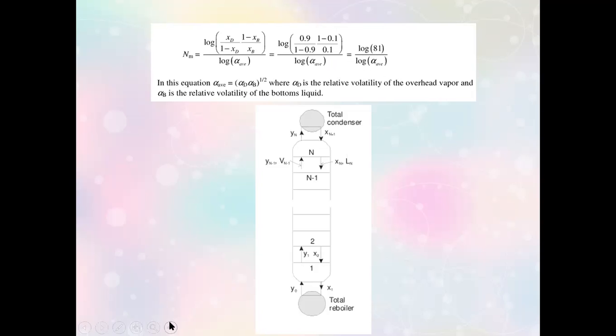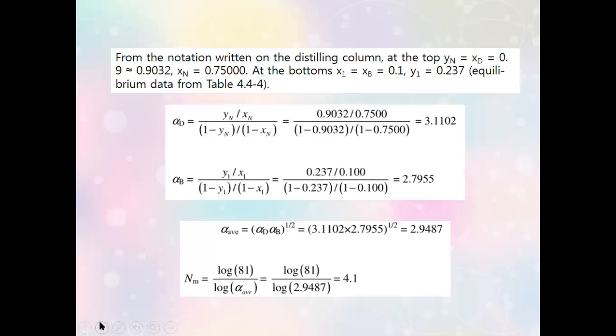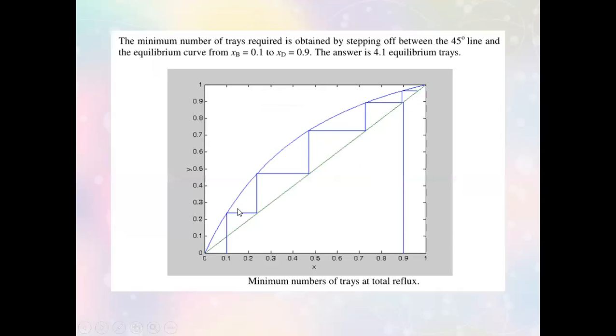So how do we determine the relative volatility? You go back to that particular table which I have shown to you, and in that table you don't actually have the given distillate concentration, which is 0.9, but what you have in the table is only 0.932. The relationship, class, is not really linear, so as you can see, if it's plotted, what you have is a graph.